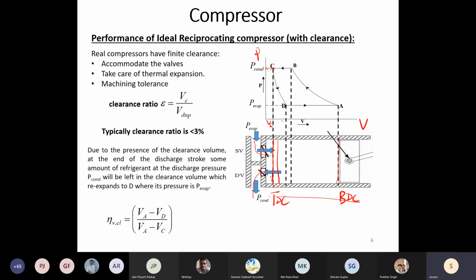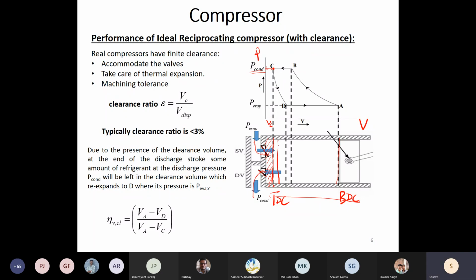Now from this position, you have some gas which is already trapped here, which you are not able to push out. This gas will never be pushed out. Initially the pressure, I am assuming, to be condensing pressure. It will be slightly higher than the condensing pressure. So this is the end of the discharge.